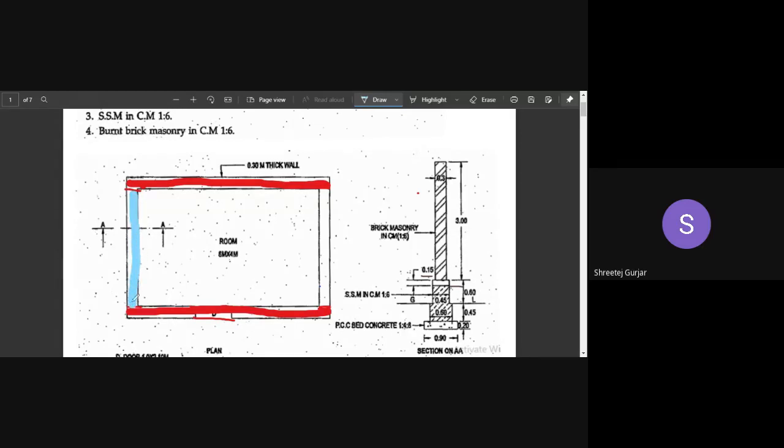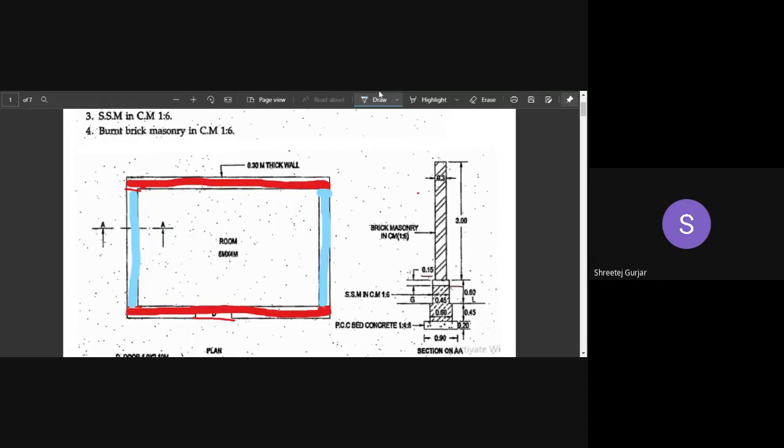I have stopped it till here and till here, where I have drawn lines. I have not gone into this corner part because it is already covered by my long wall. So my short wall starts from here and goes up till here. It will not overlap with my long wall. This is how we divide our long walls and short walls.